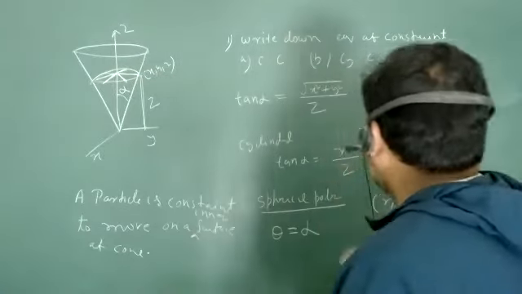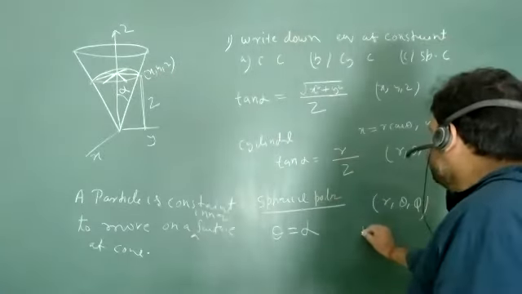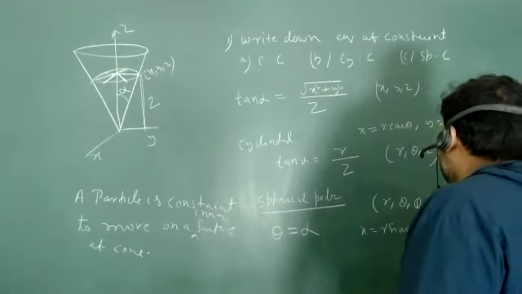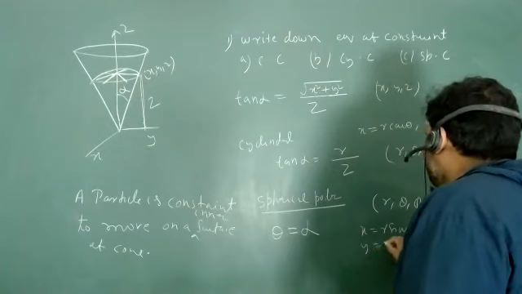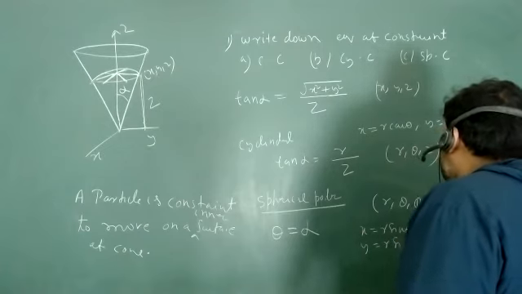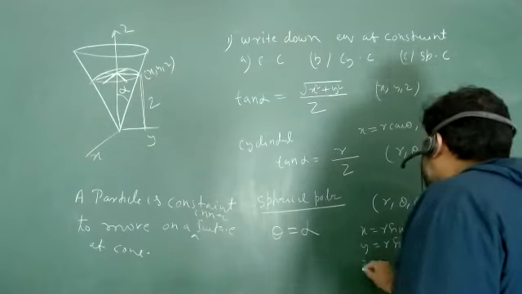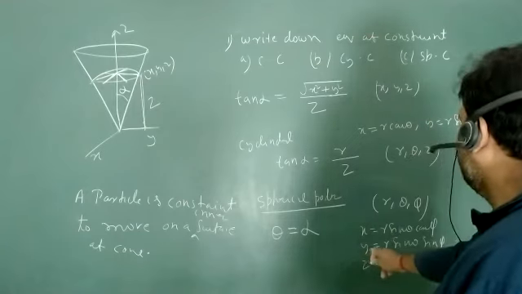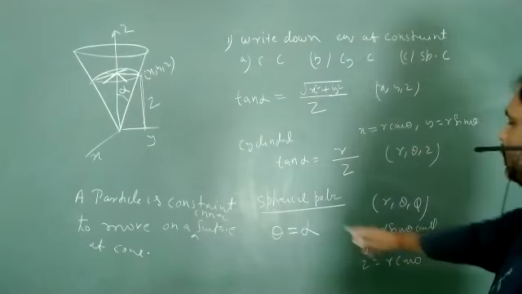How can you verify? You have x is equal to R sin theta cos phi, y is equal to R sin theta sin phi, and z is equal to R cos theta. So x square plus y square is equal to R square sin square theta, root under.